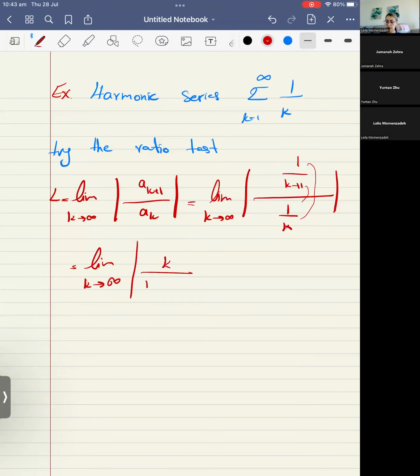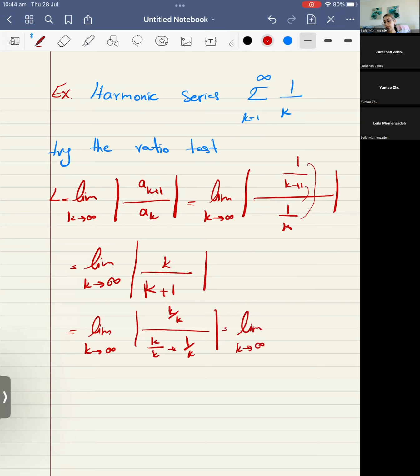Now I can write the limit as k goes to infinity, dividing by k: k divided by k over (k plus 1) divided by k, which equals the limit as k goes to infinity of 1 over 1 plus 1 over k.